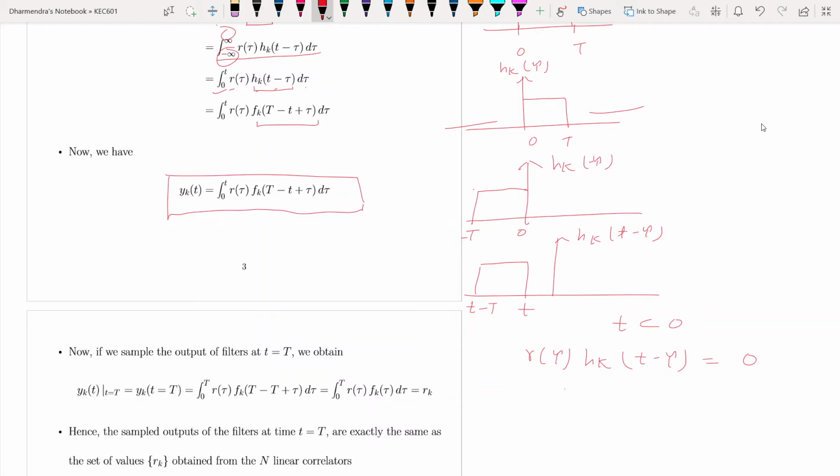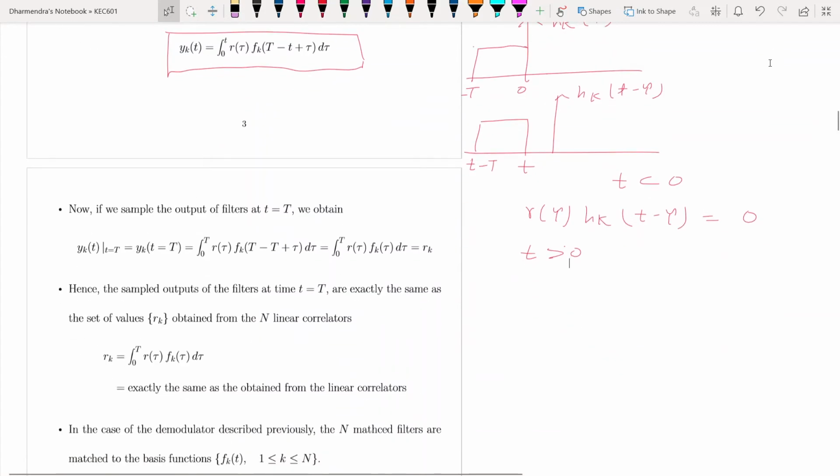Also, if t is greater than 0, it will look like this: t minus capital T to t is h k of t minus tau for t greater than 0.